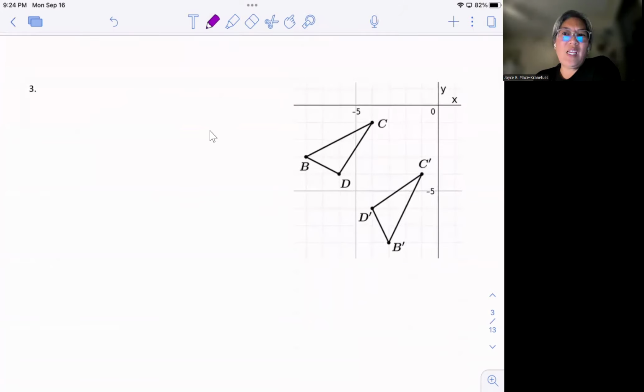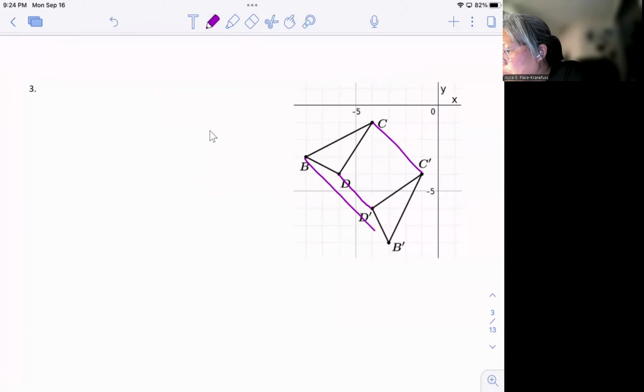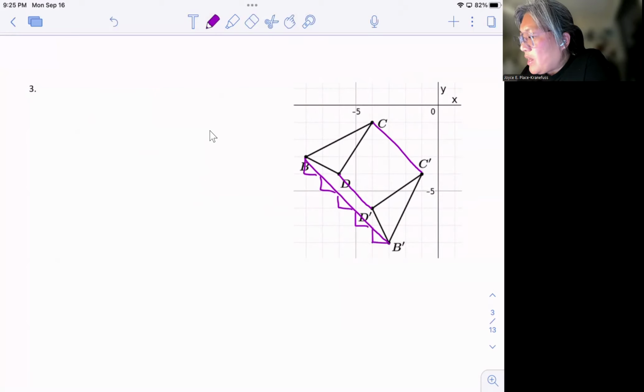This one kind of faces the opposite direction. So like D to D prime, if we actually wanted to, we could sketch, well, we're not going to snap it apparently. D to D prime, C to C prime, B to B prime. Every single one of them does what? You're right. It went down one and left, down one and right one.